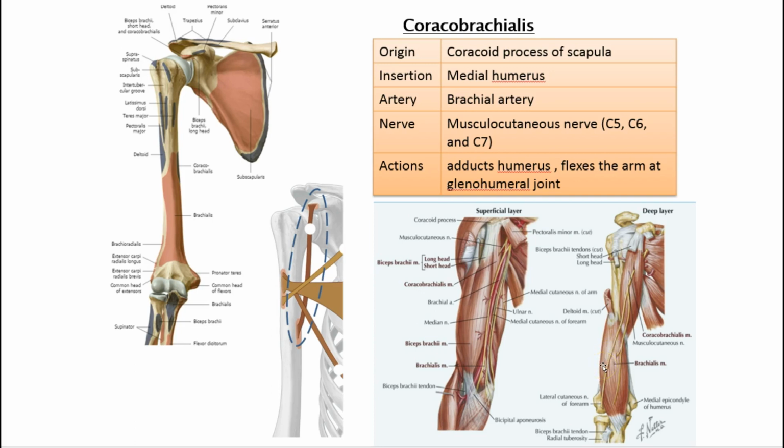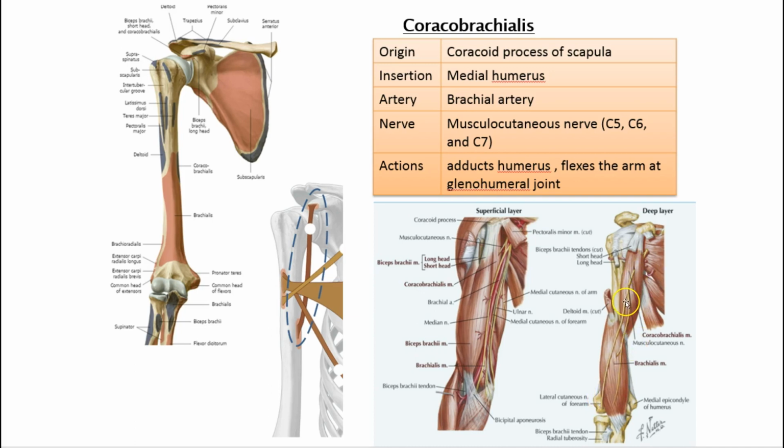That's not apparent so much on this picture because the biceps has been taken away. But you notice we don't see the musculocutaneous nerve here because it's up underneath the biceps brachii. We'll ultimately see it come out right here, although we don't see it in Netter's picture. Here we can see it coming out as a newly named nerve, the lateral cutaneous nerve of the forearm.